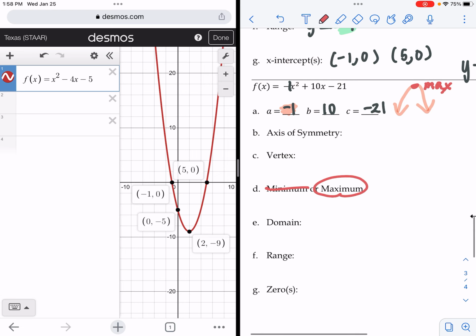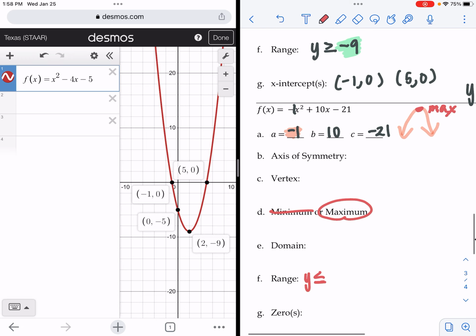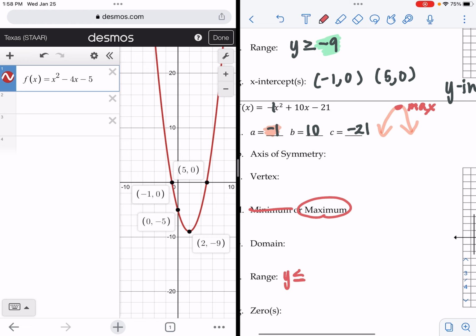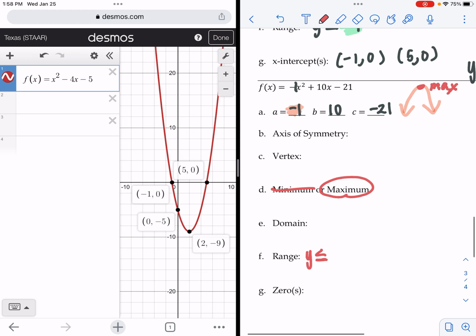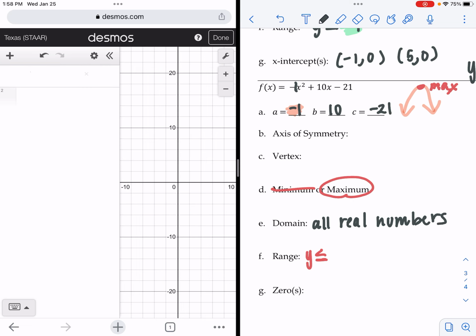And then I know my range is going to be less than or equal to whatever that maximum value is. I know domain is all real numbers all the time. And now let's use Desmos to get a good picture.